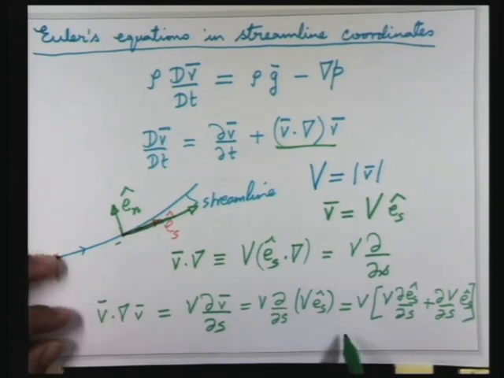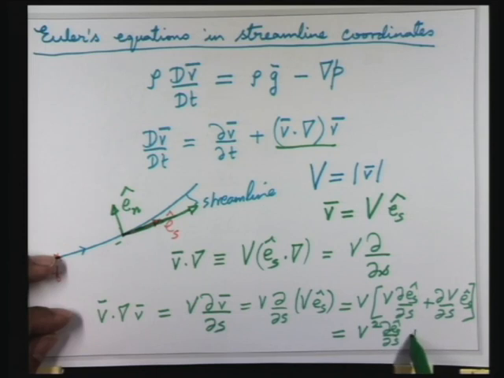So, this gives you V squared del of Es del s plus V del V del s Es.